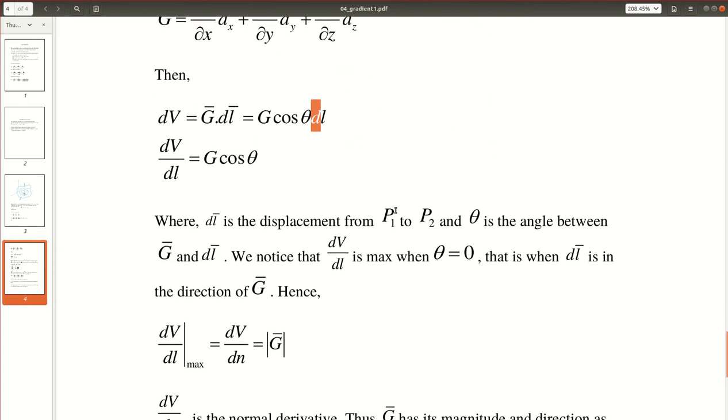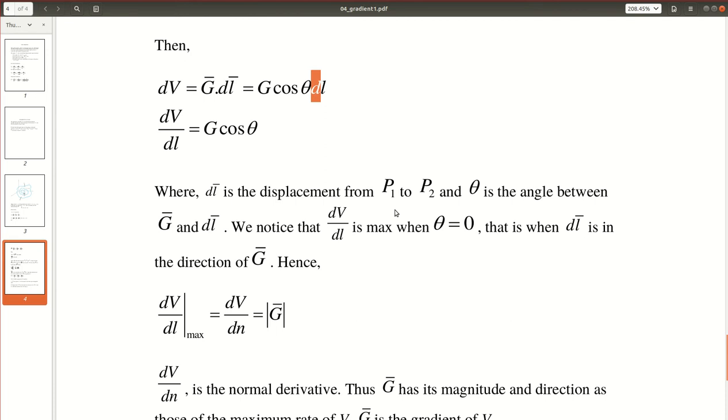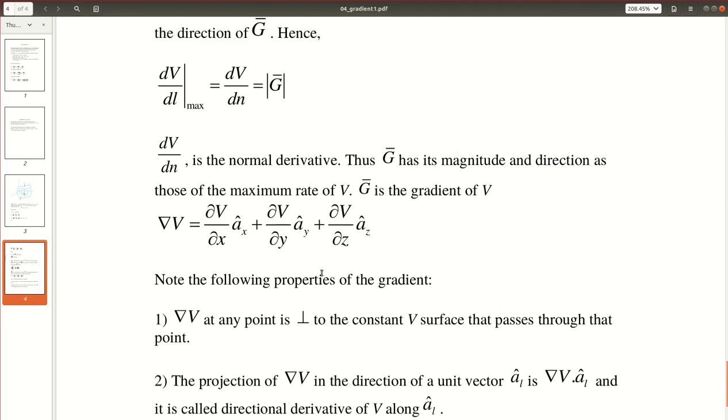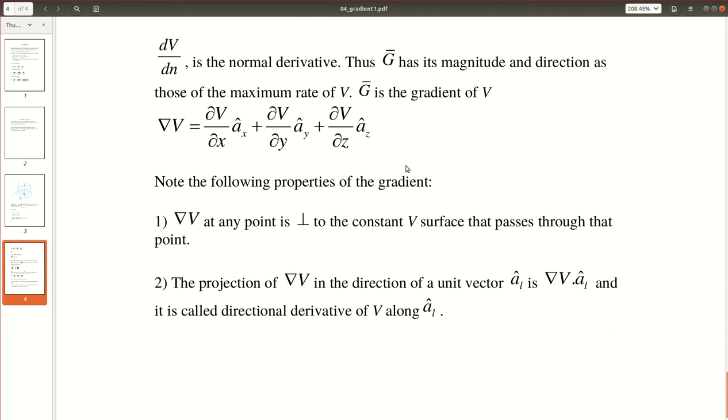So you can assume that the maximum value for dV over dl is when theta is 0, which means that dl and J are in the same direction. Okay, now let's name J, which has a magnitude and direction, as del V. This is the gradient, so we name J dash the gradient of V. So the gradient of V, we take it as this calculation.